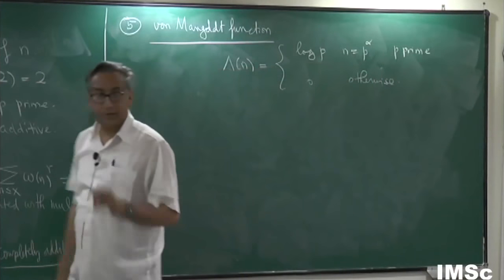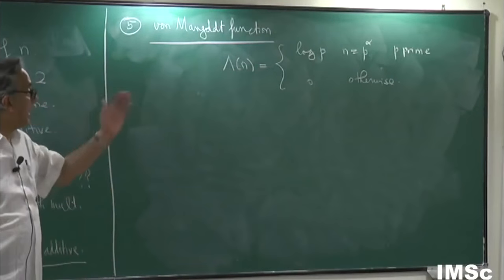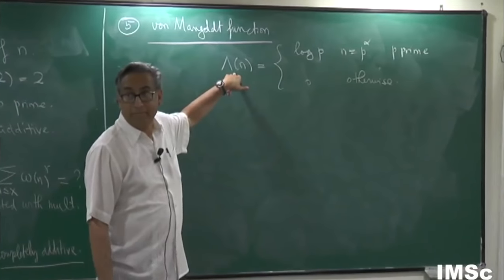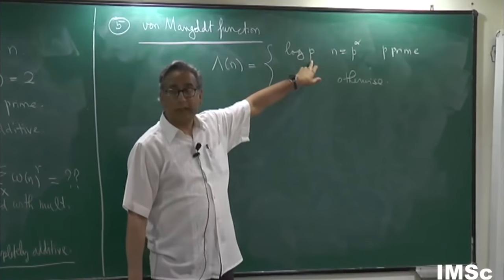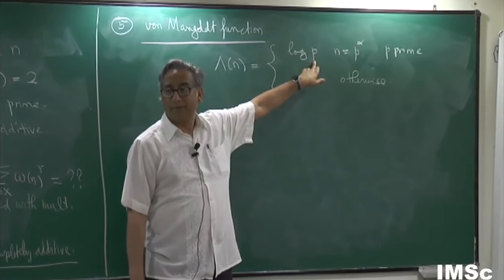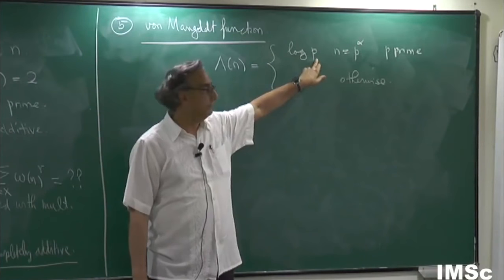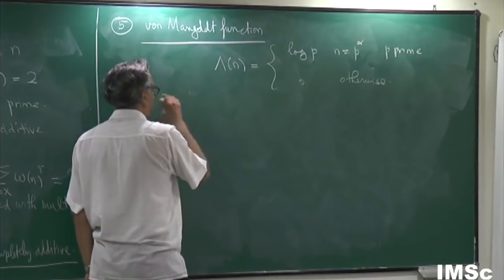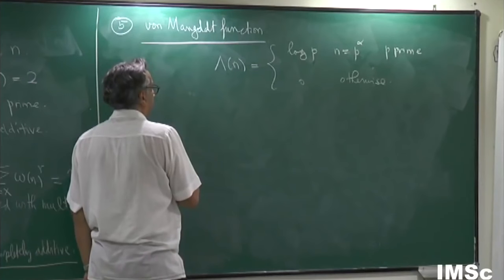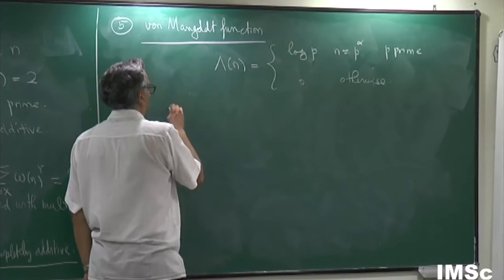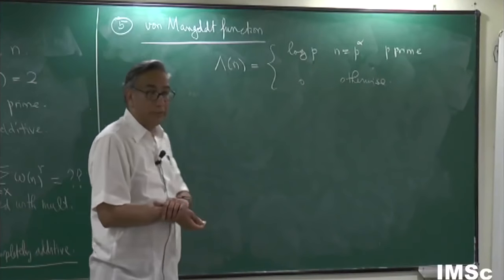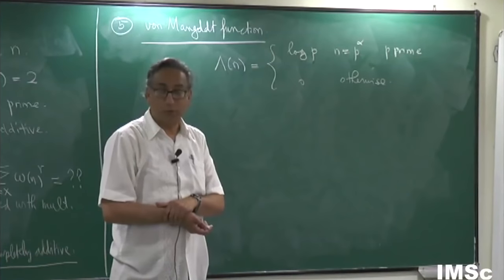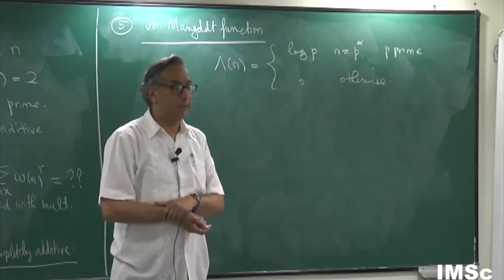So this function, in some sense, detects prime powers. And every time it's a prime power, it'll only pick up the prime, though. It won't pick up the power. And here's the interesting thing about lambda of n. Firstly, is it a multiplicative function? No. Is it an additive function? No. It's neither multiplicative nor additive.